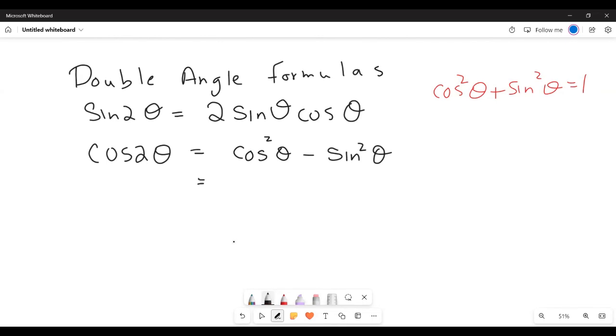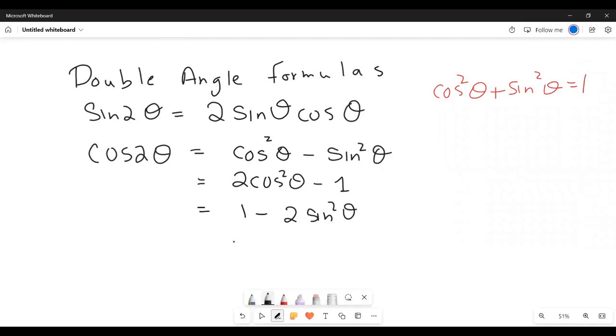So this is also equal to 2 cos square theta minus 1, and also 1 minus 2 sine square theta. So cos 2 theta can be expressed as any one of these three expressions.